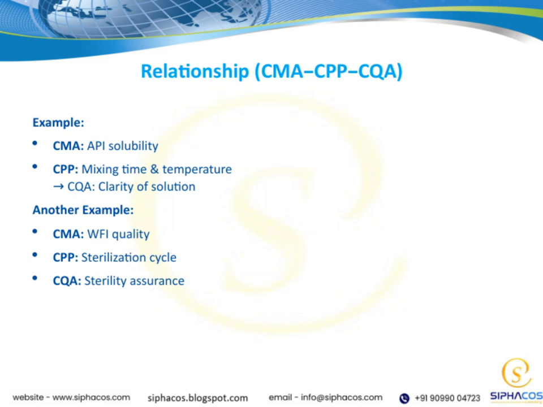The sterilization cycle then acts as a CPP that impacts the sterility assurance, which is our CQA. The key takeaway here is how these three elements are interconnected. Controlling CPPs helps us manage CQAs by influencing the critical material attributes. This relationship is fundamental to ensuring quality and consistency throughout the manufacturing process.